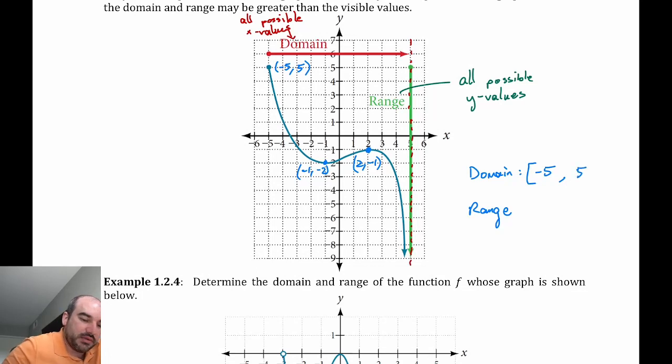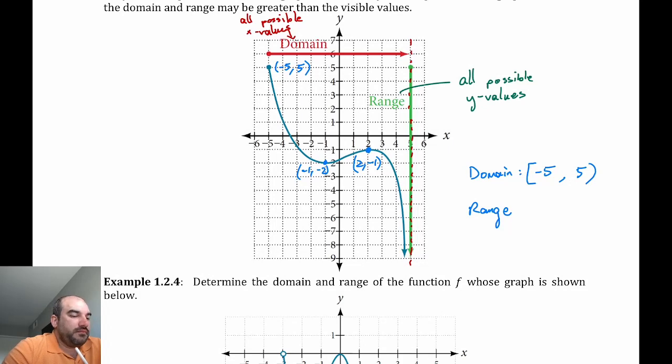It doesn't get past that vertical dashed line that I drew, so it doesn't get past 5. So we're going to say it goes from -5 to 5 with a parenthesis because it never actually reaches 5. This line goes down forever and keeps getting closer and closer to this vertical asymptote at 5, but never actually reaches it, right? So we can get as close to 5 as we want. We can go to 4.9999999, and there will be a point there, but not at 5.